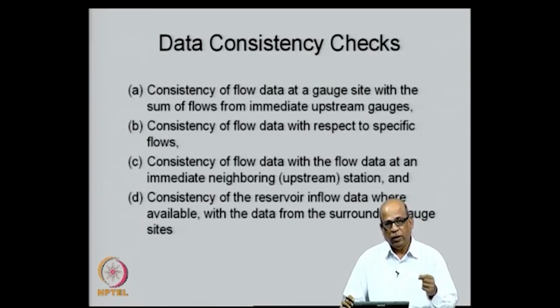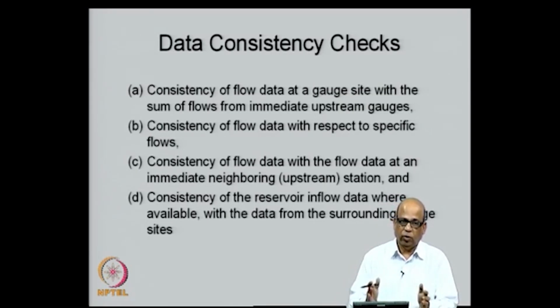Now, these breaks can be just a point break, in terms of, if you have a daily time series, only one day data is missing, or it may be continuous. Let us say 3 or 4 days continuously the data is missing and so on. So, we must first look at some methods by which we fill this missing data and then complete the time series.